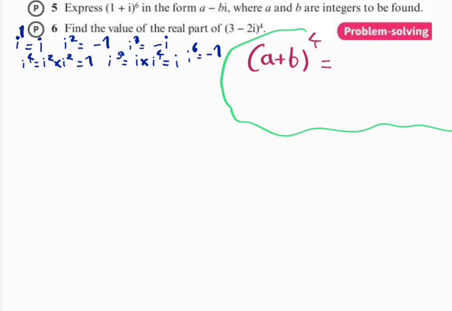Question 6, find the value of the real part of (3 minus 2i) to the power of 4. So this is very similar to the previous question.